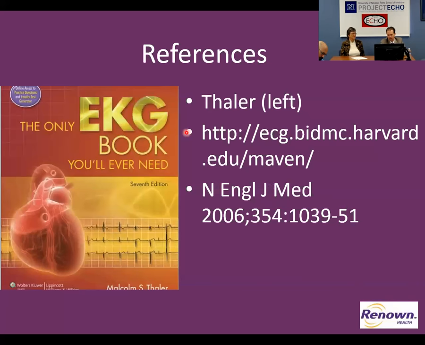Another website with a lot of EKG examples is called Harvard Wave Maven. You can just Google Harvard Wave Maven and you'll get that website. And this is a journal article, a little bit aged now, from the New England Journal of Medicine, a review article on supraventricular arrhythmias that I think is still very germane and complements, hopefully, this lecture reasonably well, talking about arrhythmia circuits, and refractory periods, and really getting deep into the whole thing.